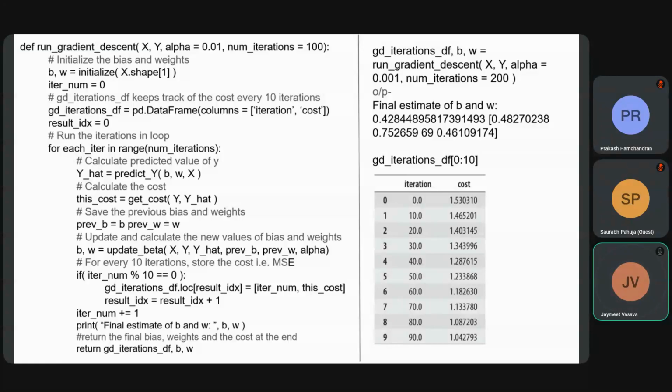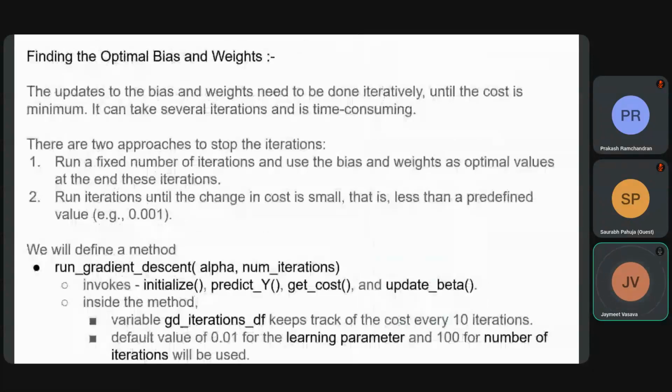In the for loop, we calculate the predicted values of y, calculate the cost, save those, and save the bias and weights. We calculate the updated values of the bias and weights from the update beta function. As you remember, we'll be invoking the functions initialize, predict, get cost, and update beta.